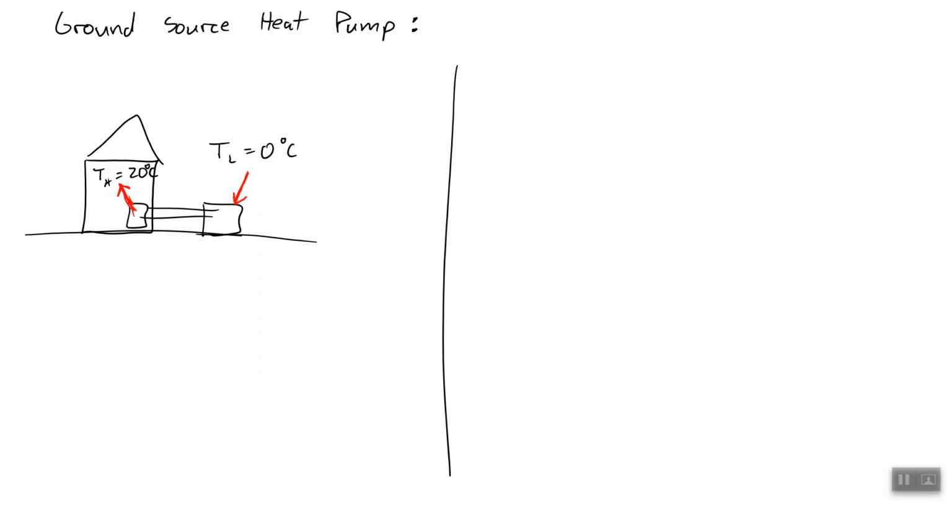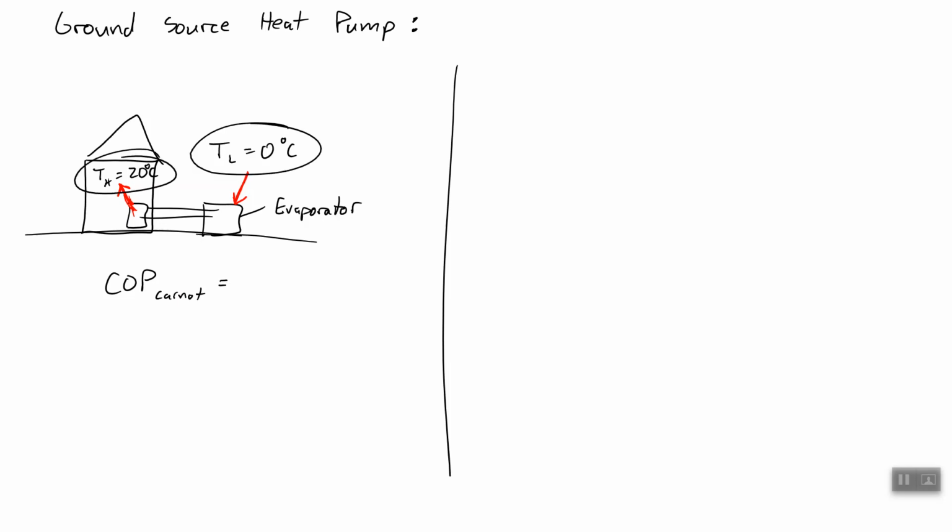Okay, so if our evaporator right here, which is taking in the heat, is above ground, exchanging heat with the air, then let's calculate our coefficient of performance for a Carnot heat pump operating between these two temperatures.